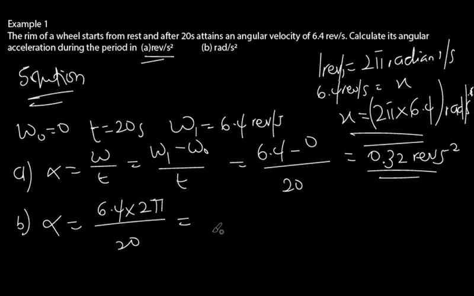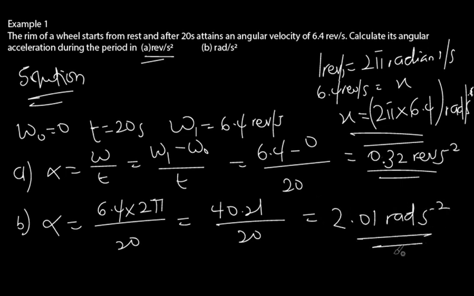Punching 6.4 times 2 pi into the calculator, we get 40.21, then divided by the time of 20 seconds, we have 2.01 radians per second squared as our angular acceleration.